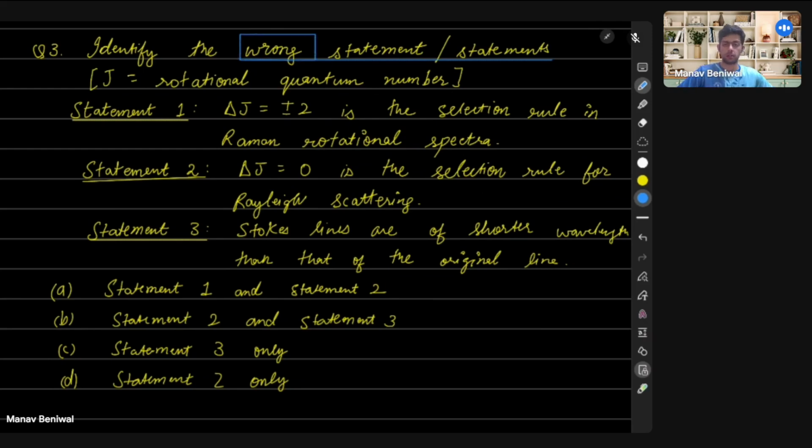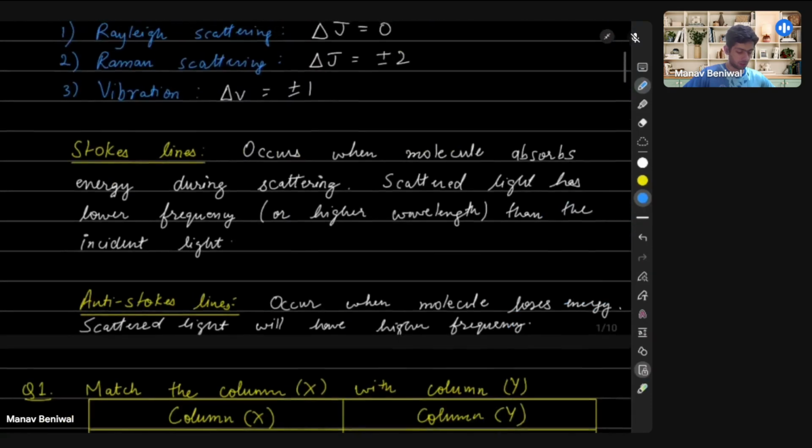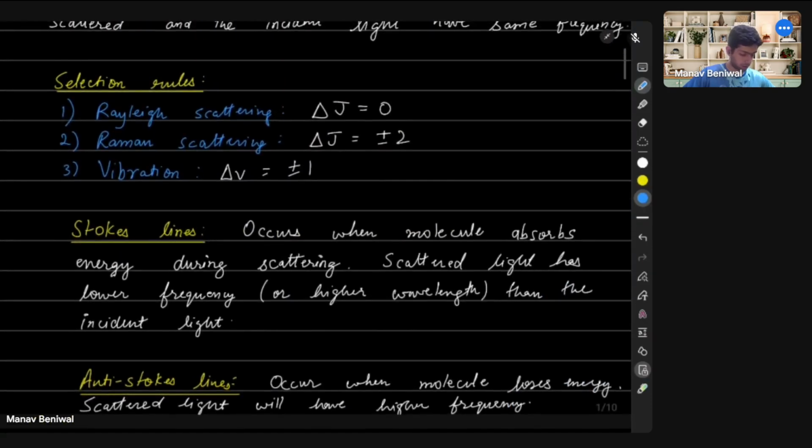Here we have three statements, and the first two statements are the selection rules. One is for Raman scattering and the second one is for Rayleigh scattering. We discussed selection rules in the introduction. Here we have clearly written out the selection rules for Rayleigh scattering, delta J 0, and Raman scattering, delta J plus minus 2.